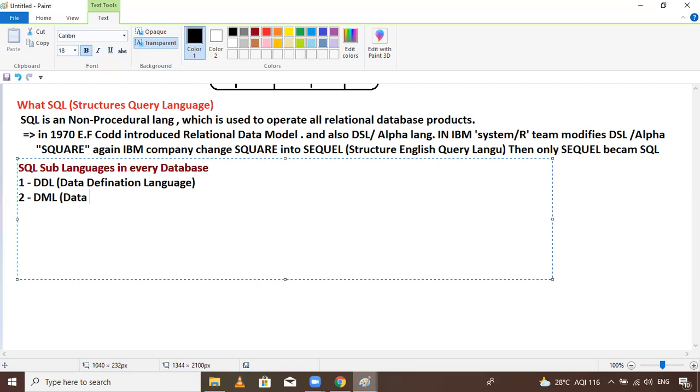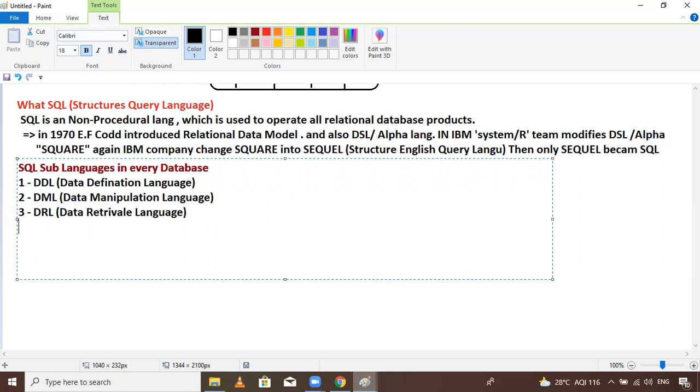Like create table, alter table, drop table. And DML, data manipulation, means changing the data. Manipulation language. Now the third one is data retrieval language, nothing but DRL. Data retrieval language.